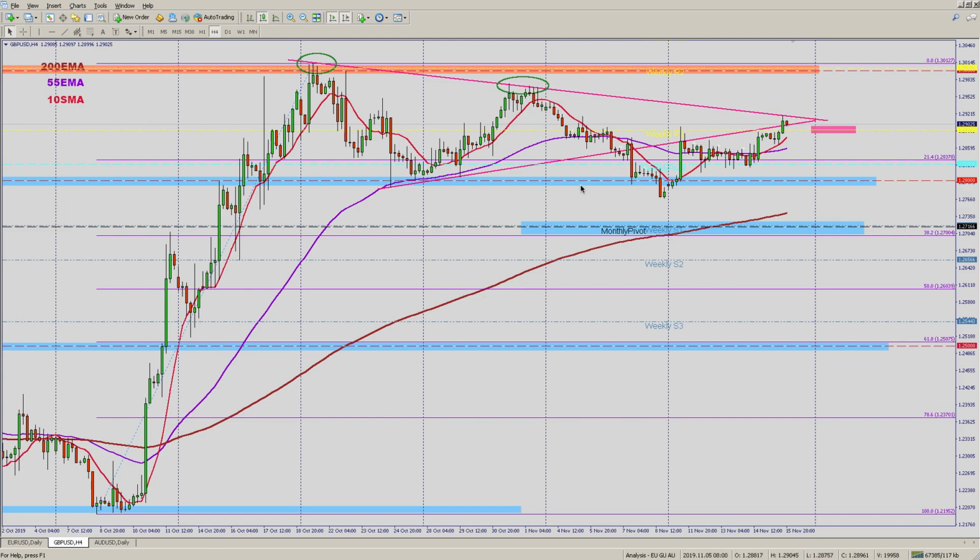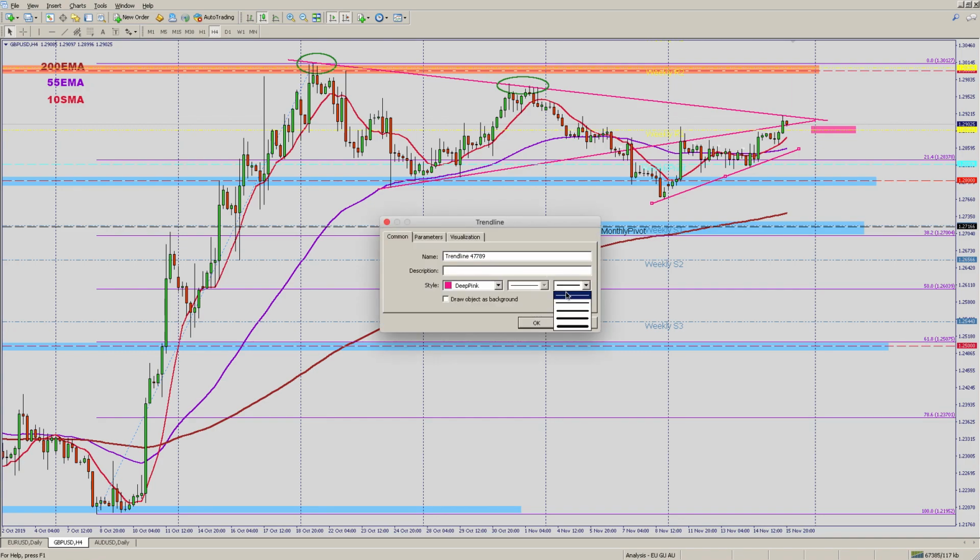All right. So we'll just have to see which side is going to break up from. It could be further bullish momentum, pushing the cable up slightly.